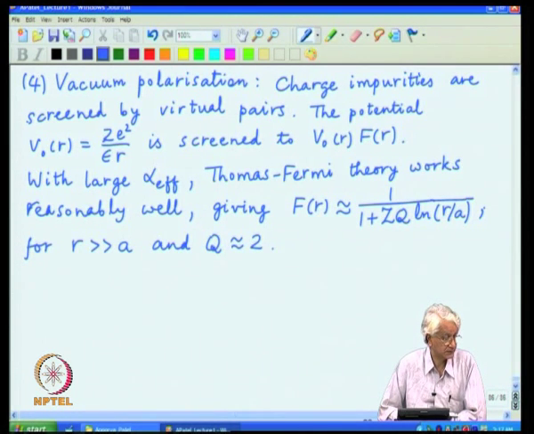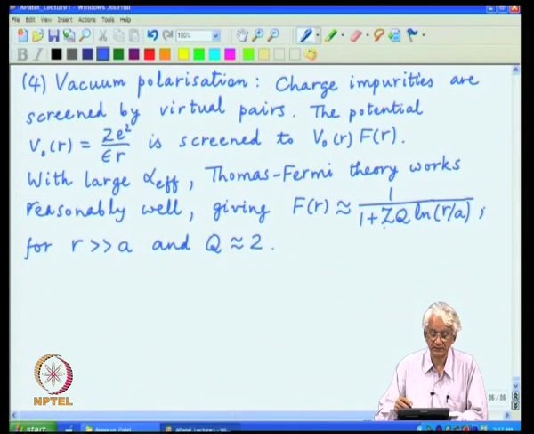So, this is what one sees, and in particular this kind of reduction of the charge with a logarithmic scale in the denominator is seen in case of standard quantum electrodynamics in particle physics.